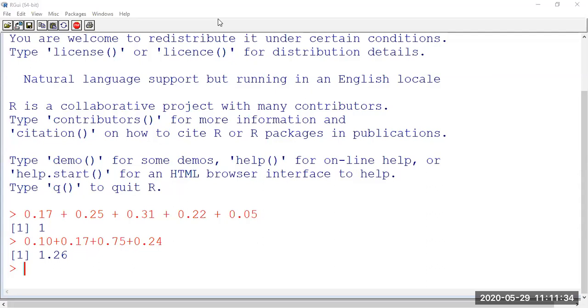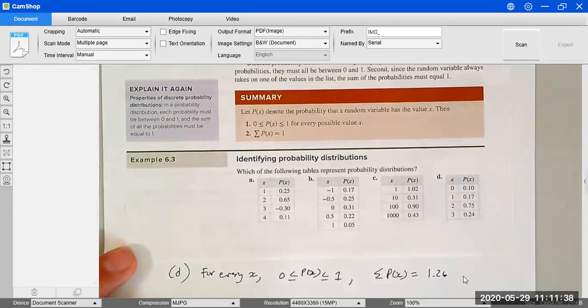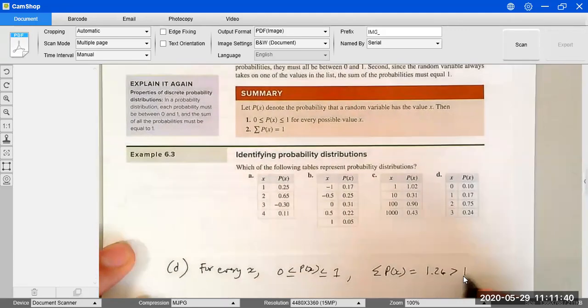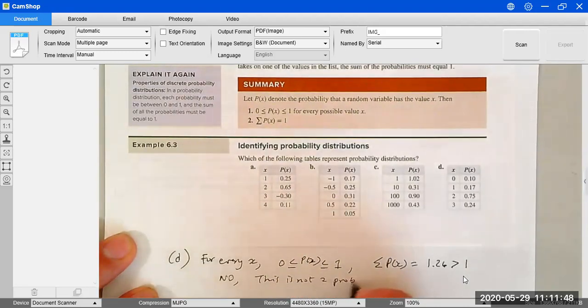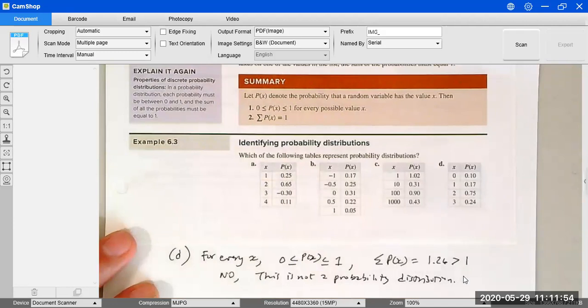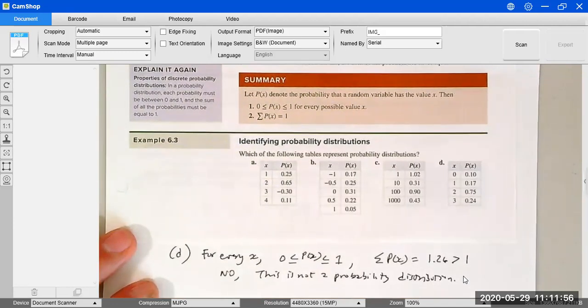In this case, because the sum is greater than 1, the answer is no. It's unacceptable. So this is not a probability distribution.